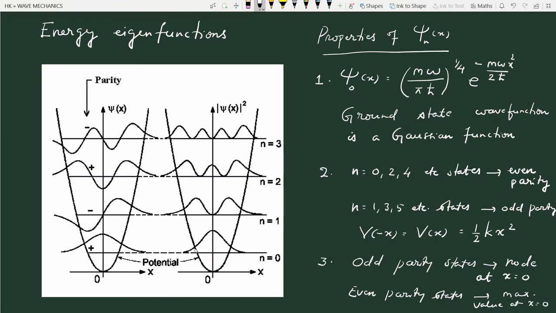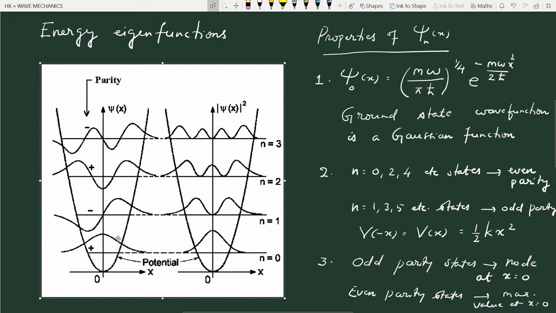Look at n equal to 0 state here. There is a maximum value. Look at n equal to 2 state, there is a maximum value in the opposite direction. We can say there is an antinode. This is true for any odd parity state and any even parity state.